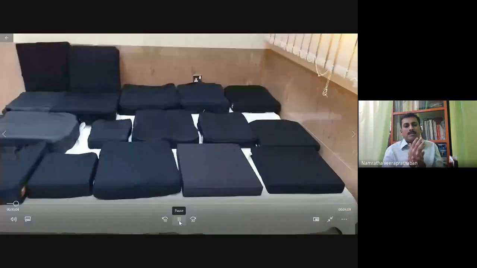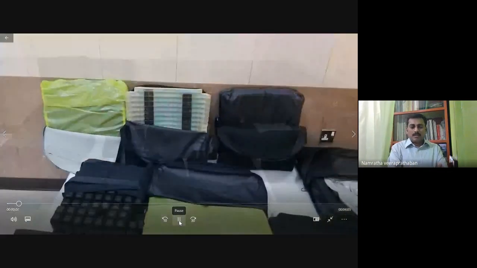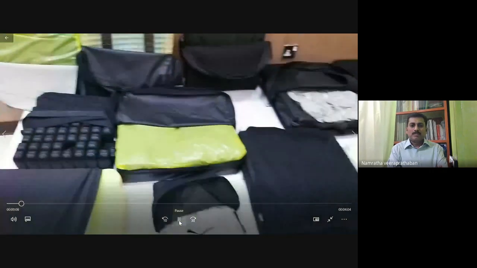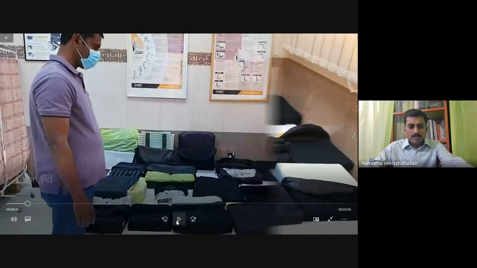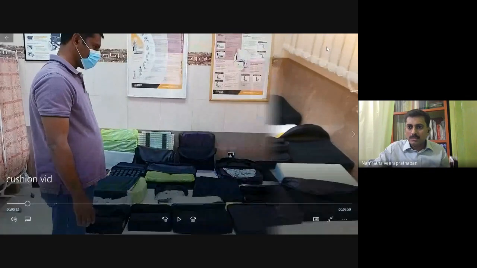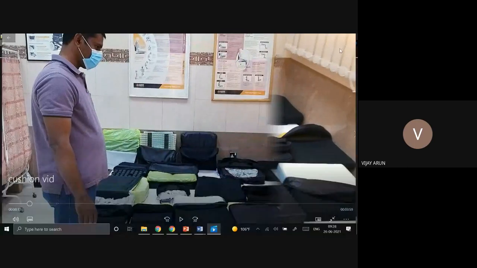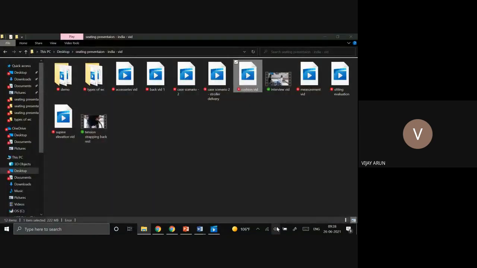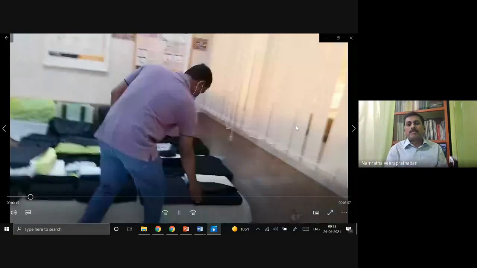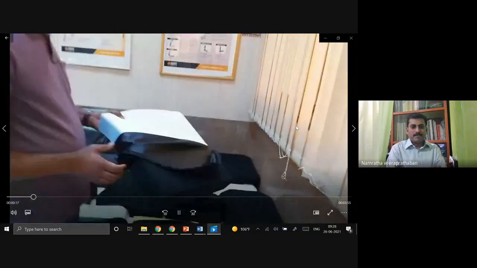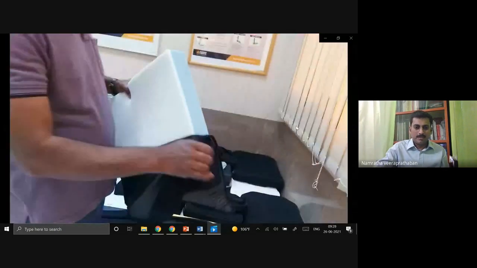All right, now I open the cover. Look here, this is the example of a foam cushion.